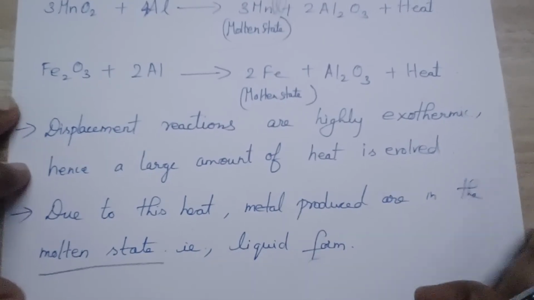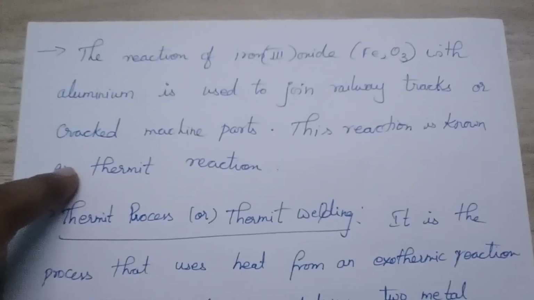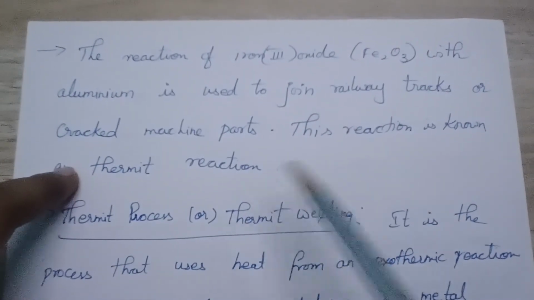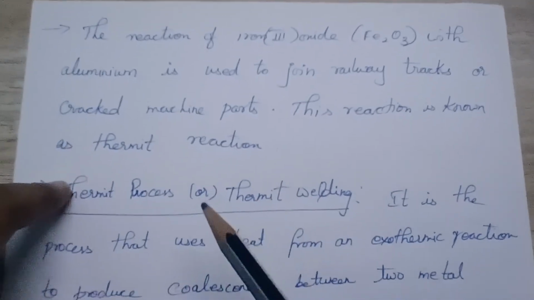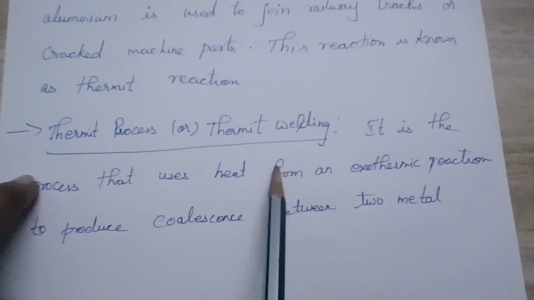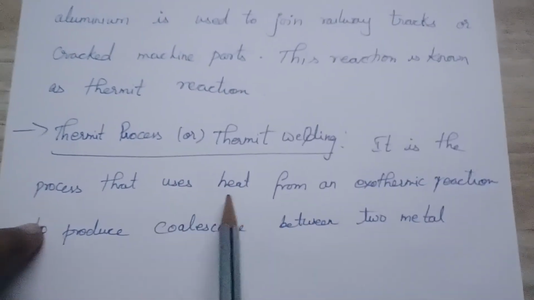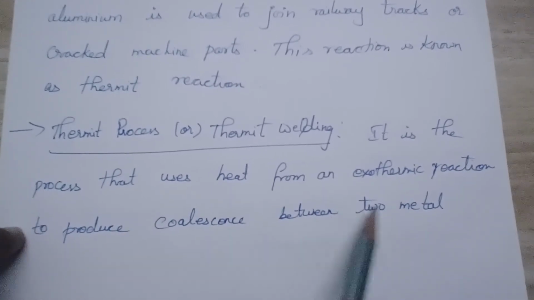Next, one application of using a highly reactive metal as a reducing agent is in welding. This is called the thermit process or thermit welding. It is a process that uses the heat from an exothermic reaction to produce coalescence between two metals.